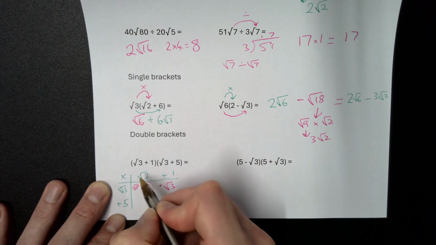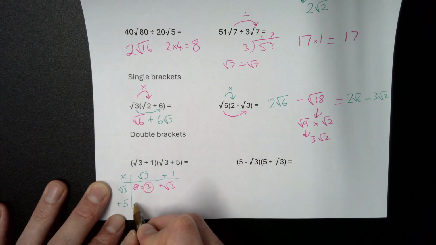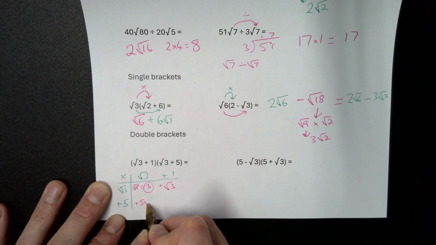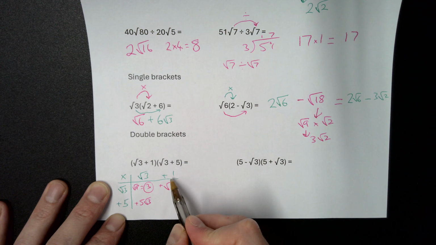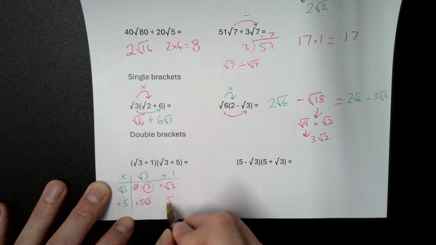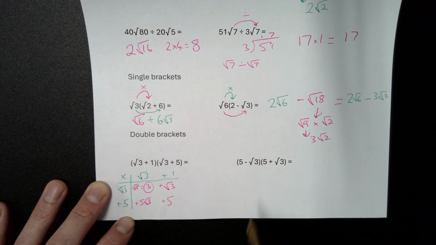We've got 5 times root 3 is a positive 5 lots of root 3. We've got 5 times 1, it's just 5, put your plus in between.